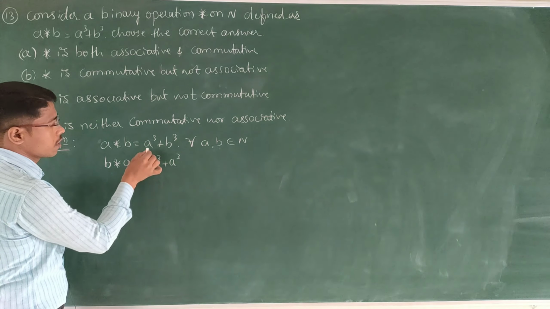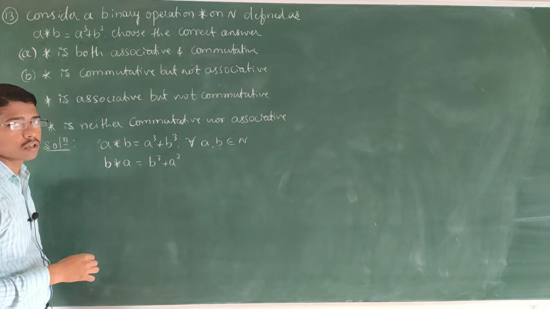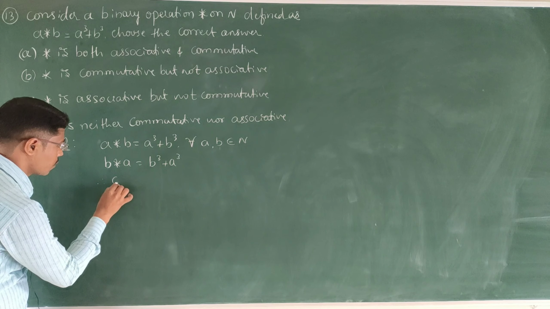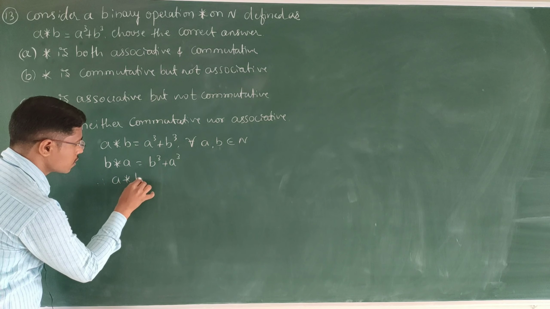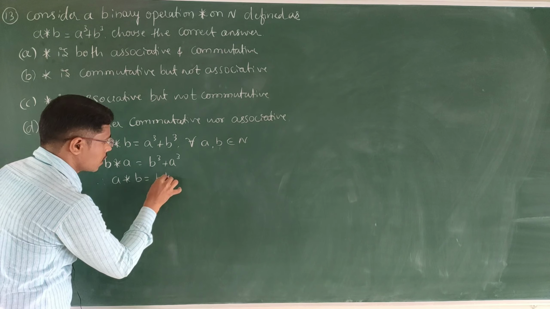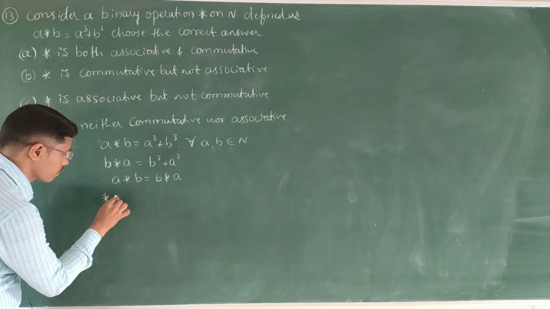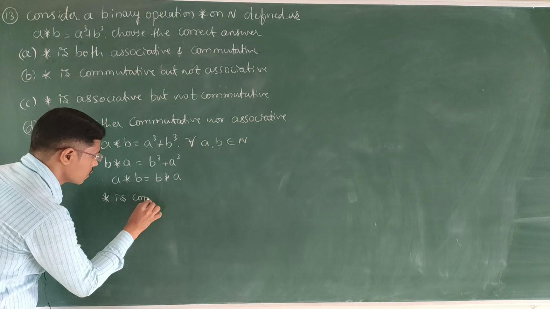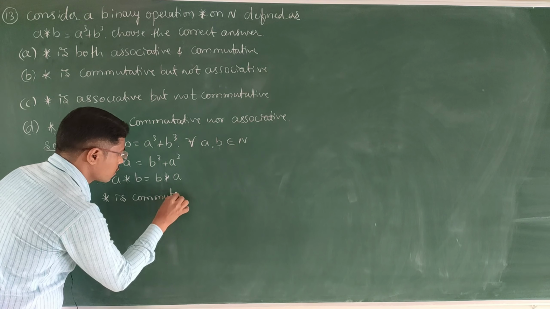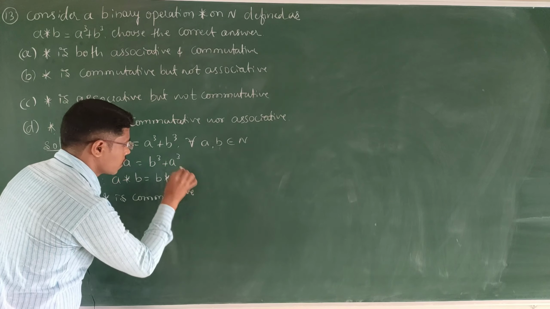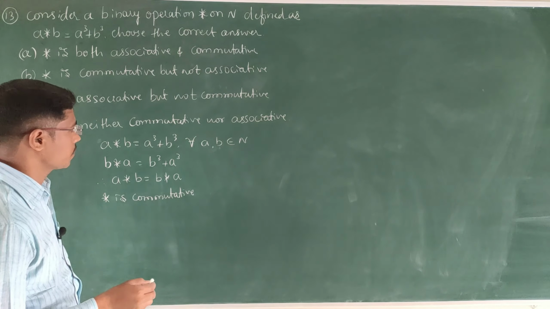Both are the same, a cube plus b cube and b cube plus a cube, therefore a star b is equal to b star a. It means star is commutative. Okay, let us check associativity.